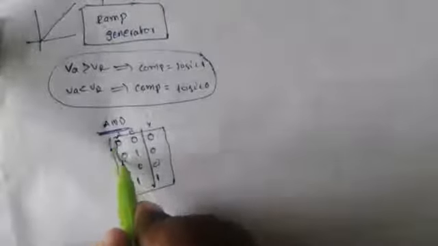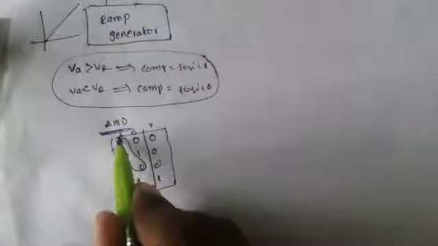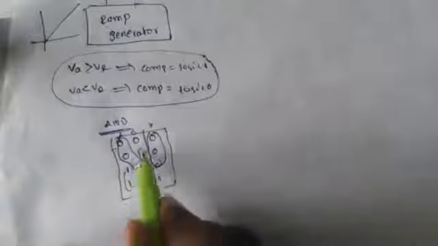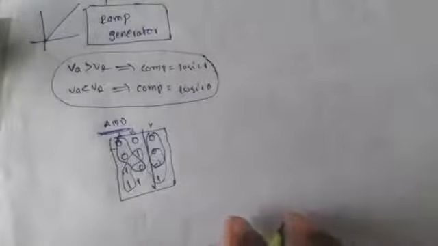If one of the inputs is 0, the output is automatically 0. If the other input is 1, then based on that other input, either 0 or 1 will appear.